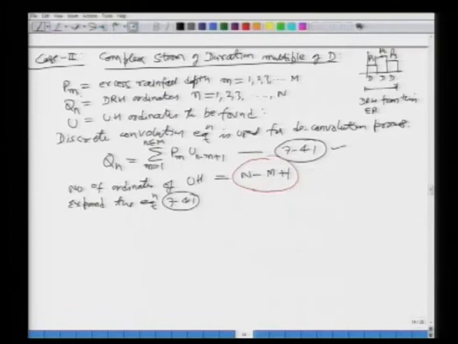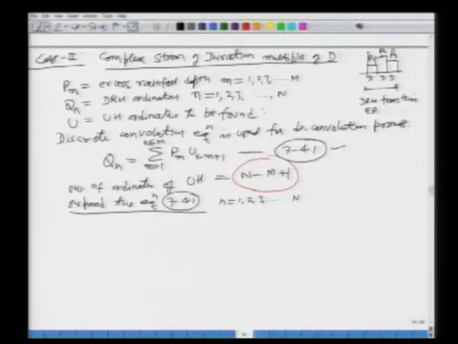The first step is to expand this equation 7.4.1. We will do that for n values going from 1 all the way to capital N, so we will have capital N number of equations.